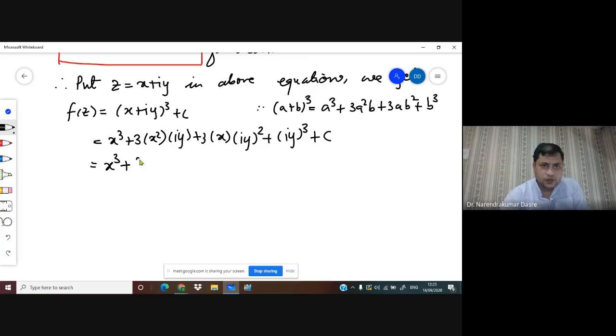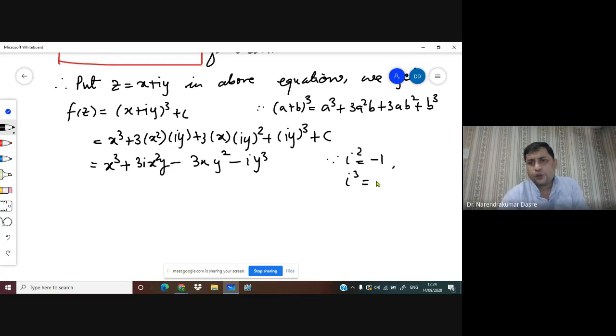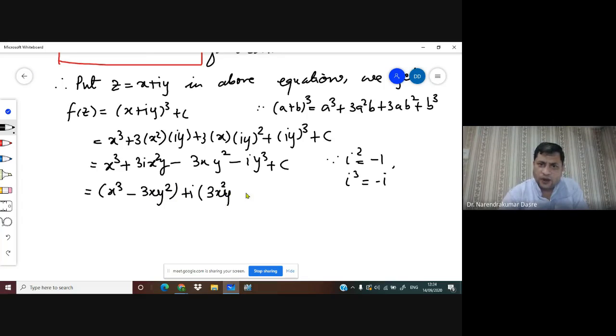Since i square is equal to minus 1 and i cube is equal to minus i, this equals x cube minus 3xy square plus i(3x square y minus y cube) plus c. So this is f of z.